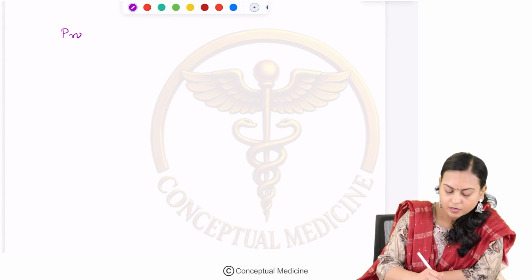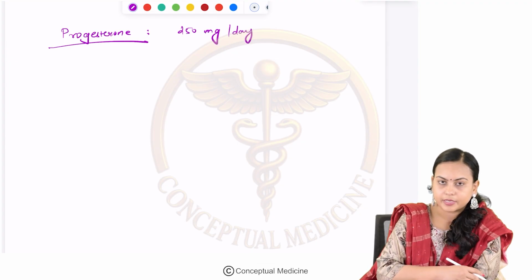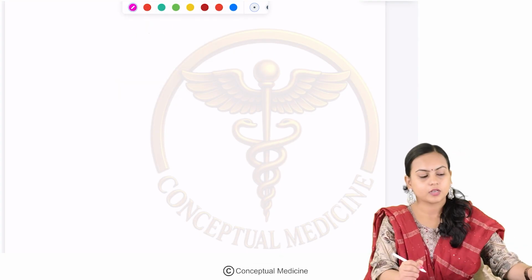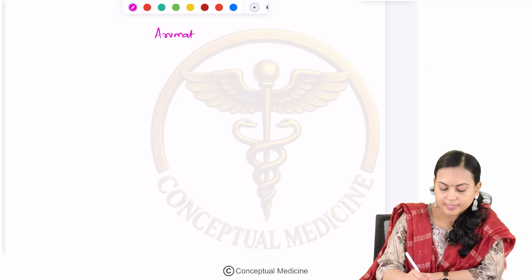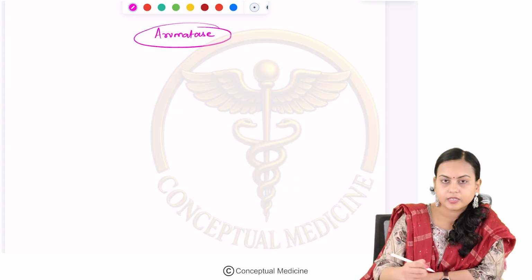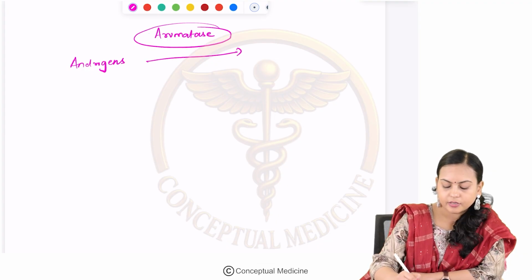We will see some of the other hormones. Say progesterone. We have discussed many things in the previous session itself. So, the only point I want to add is the production rate at term is 250 milligram per day. Okay. And remember, there is a placental aromatase enzyme that is helping in the conversion of androgens to estrogens.